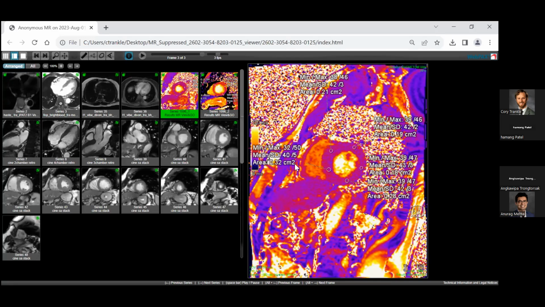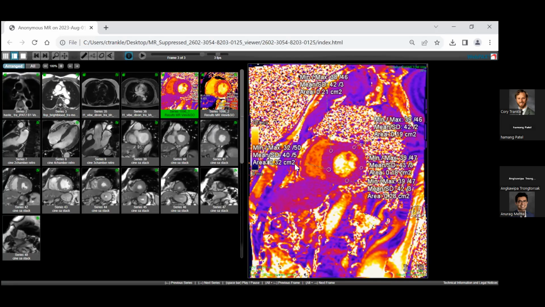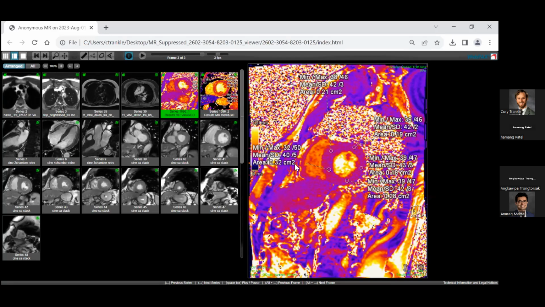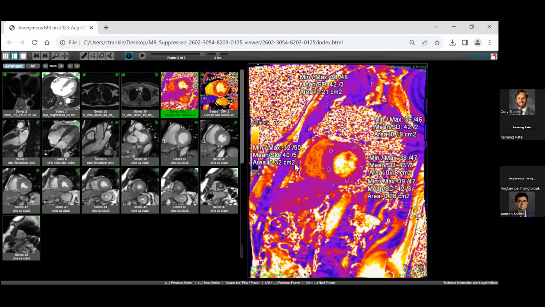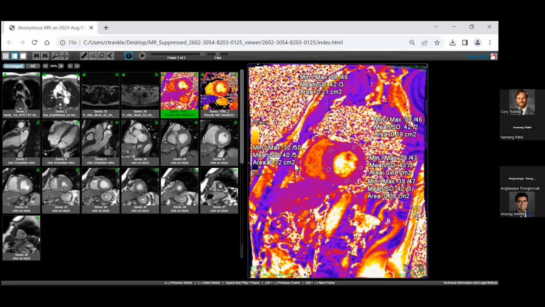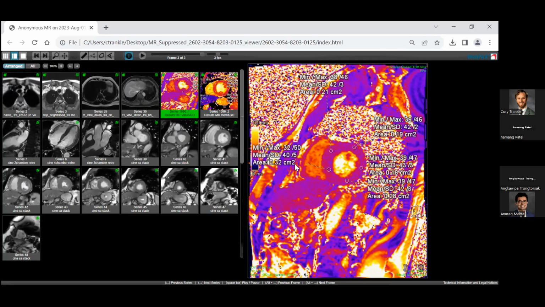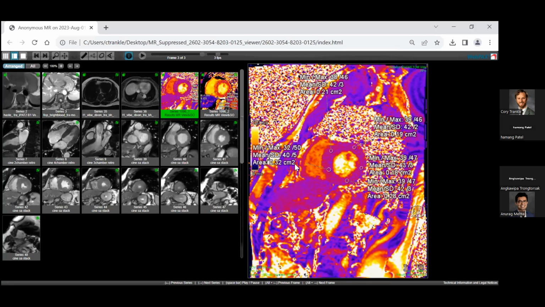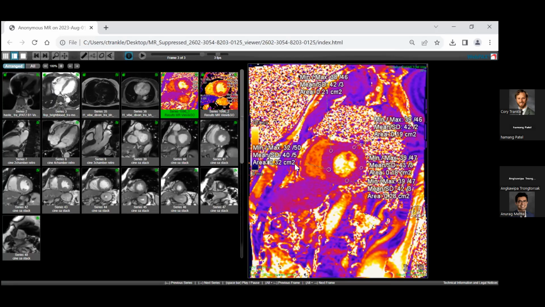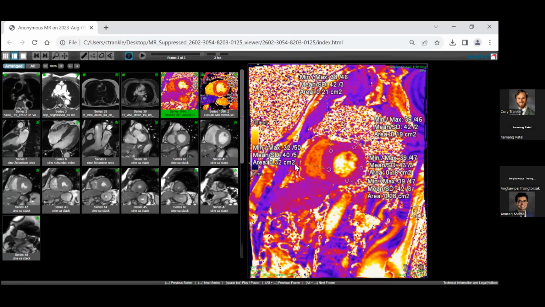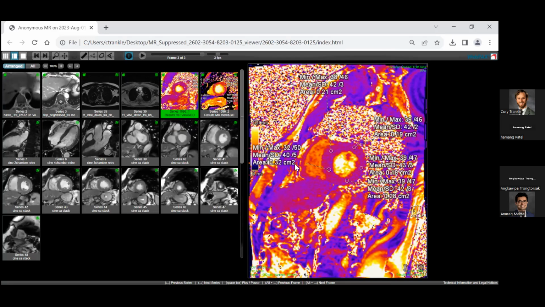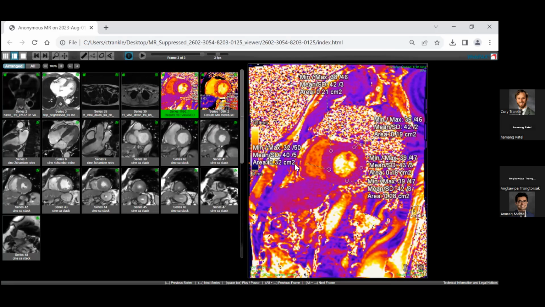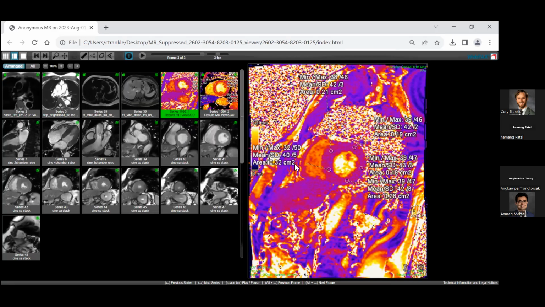It says area 0.32 centimeters squared. Well, that's the area of your region of interest. And then the mean, that's the 40 milliseconds. That's the average of all of the pixels within that white region of interest in the interventricular septum. That is the average of those T2 times, 40 milliseconds. And you can look up here and look at the range.